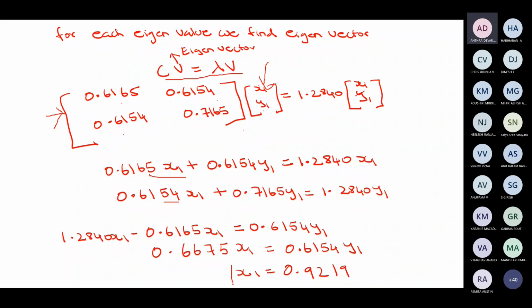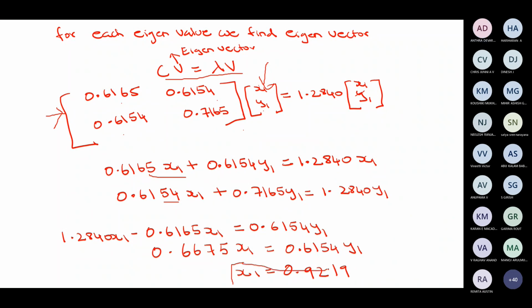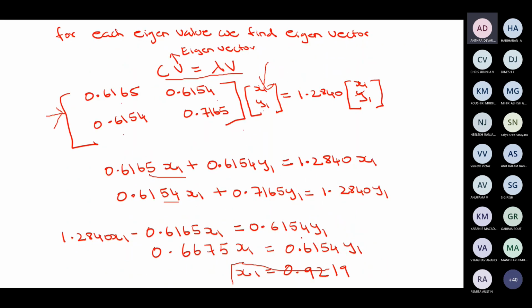So I will get something like this. And you see, this is y1. Y1 is missing.